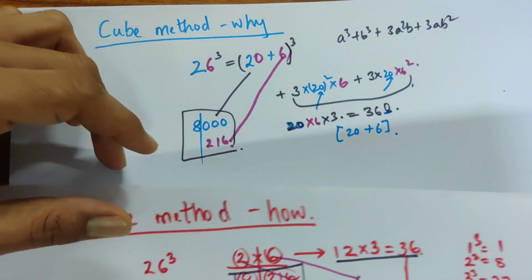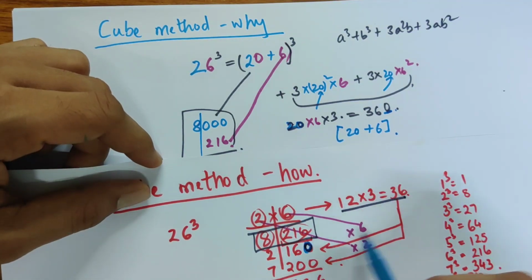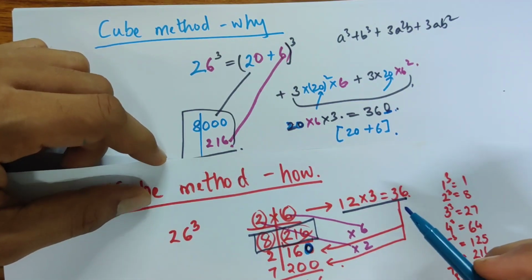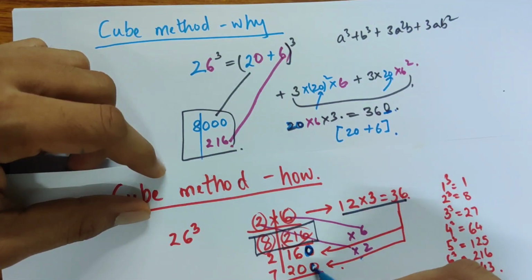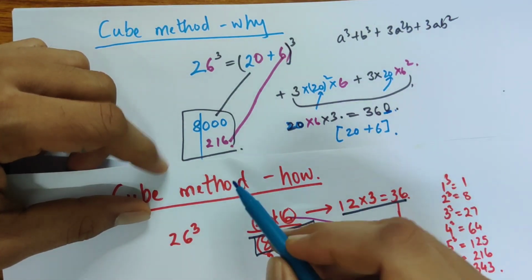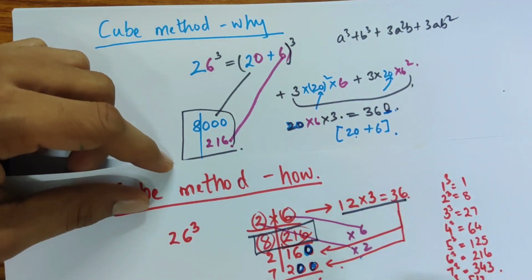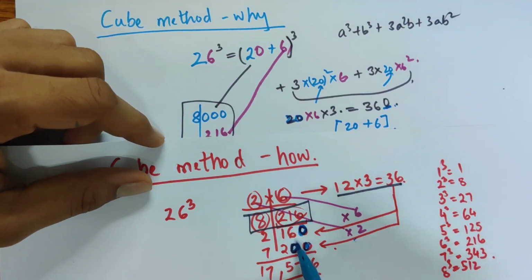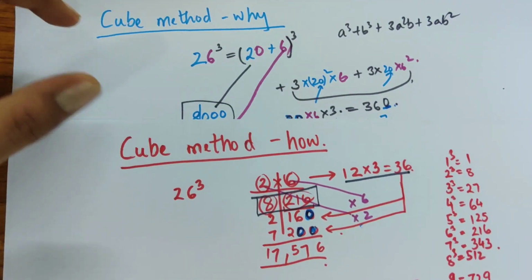That's why when we multiply by 6, we just add a 0, and then multiply by 6, and when we multiply by 2, that's the next digit, we put 2 zeros, because 20 also has a 0 and this also already had a 0. So that's how we got all these 3 numbers, or 4 numbers if you want to look at it that way, and then we added them together. This is why the cube method works.